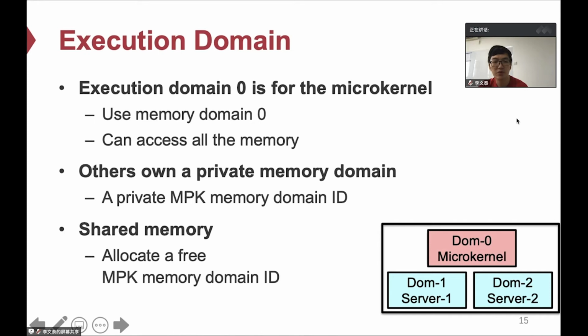Shared memory between two servers is allocated by allowing them to access a free memory domain together. Shared memory between a server and a microkernel does not occupy an extra free memory domain because the microkernel can directly access all the memory.